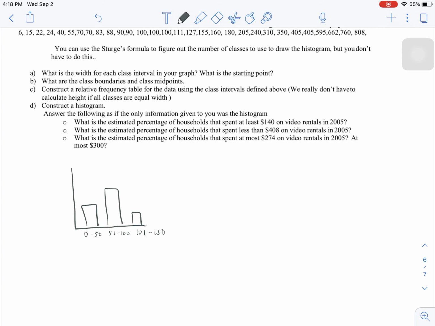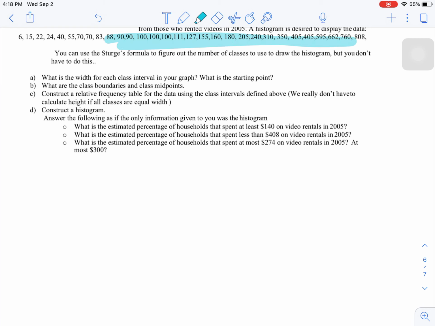And then the height of each bar would represent how many families there were in each group. So for example, I could say perhaps 10 families spent between $0 and $50, 20 spent between 51 and 100, and so on. That's just an example. So let's create a histogram for this data set right here.